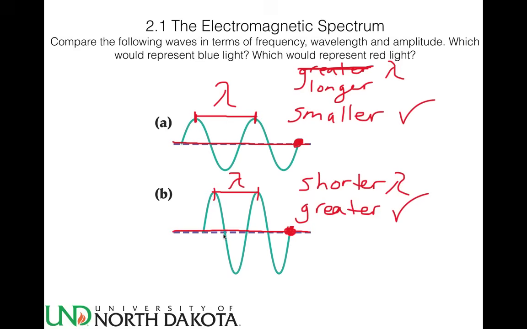Amplitude is the distance from half the height of the wave to the peak. If we look at the 2 waves, visually it seems that wave A has the shorter amplitude, and wave B would have the higher amplitude.